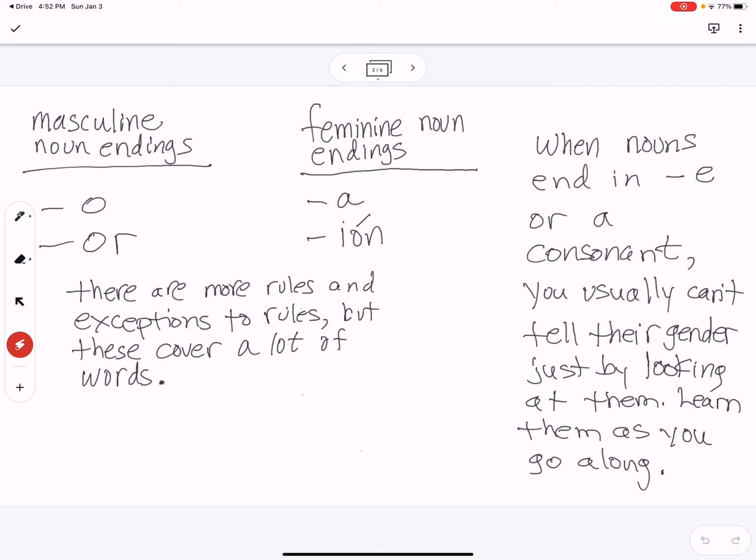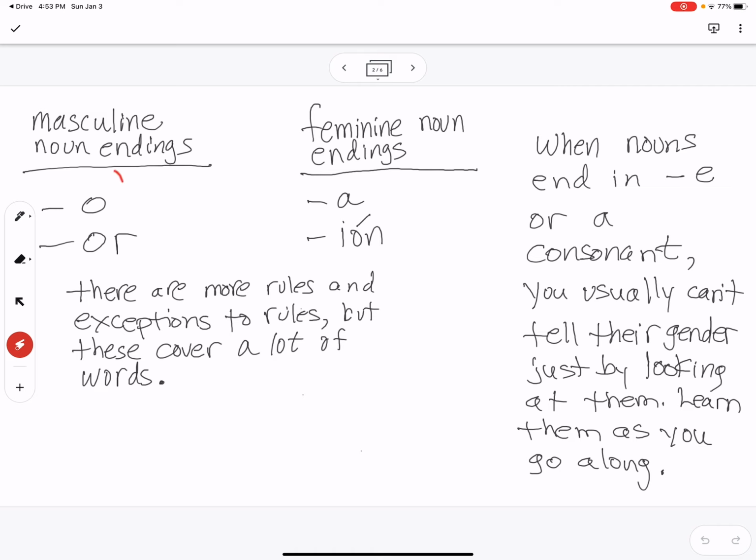So when you have words like this that end in an E or end in a consonant that's not the ión or the OR, it's some other consonant or letter combination, usually you're going to learn these as you go along. So it's my advice to you to make sure that as you are learning a new noun, you also learn its gender. So that way you know how to use it in speech and writing in the future.